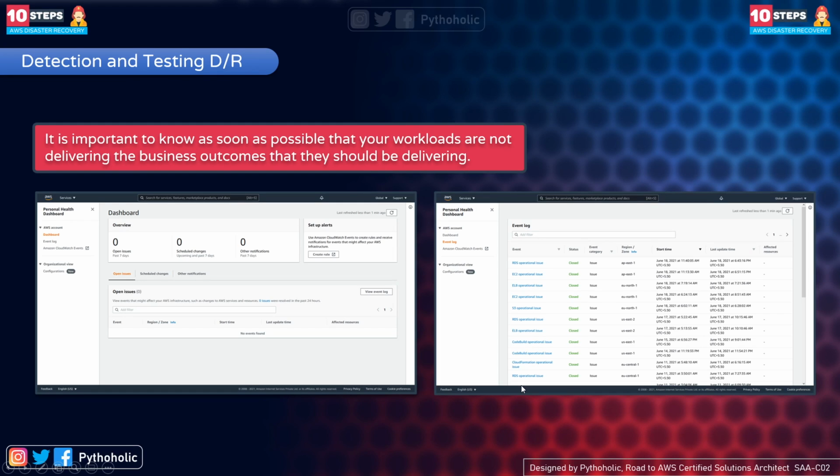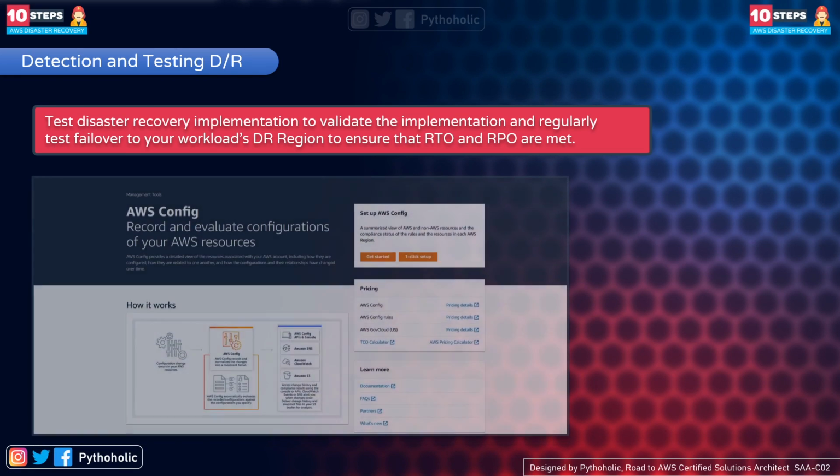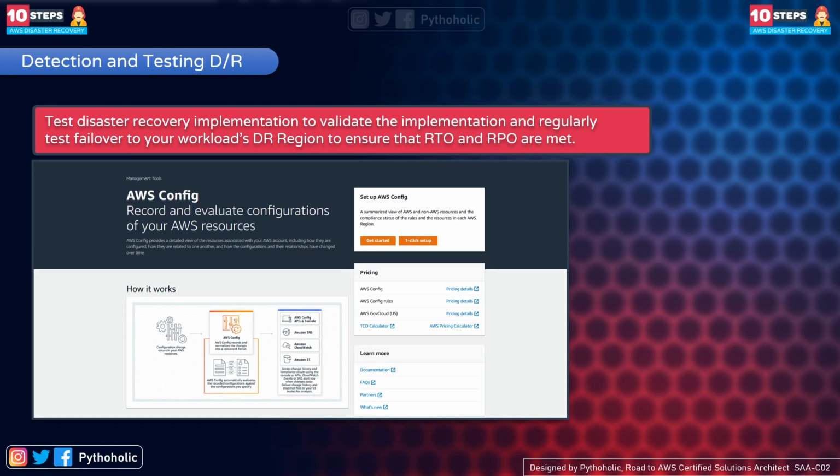Now that we have detected it, let's see how we can test it. When it comes to testing, it's more about testing the disaster recovery strategy that we have so that we can test and validate the failover to ensure we meet the RTO and the RPO. You might ask, what is the use of testing the strategy?